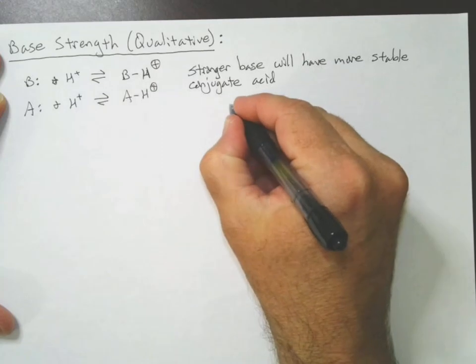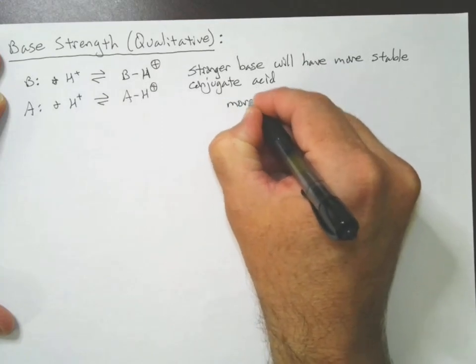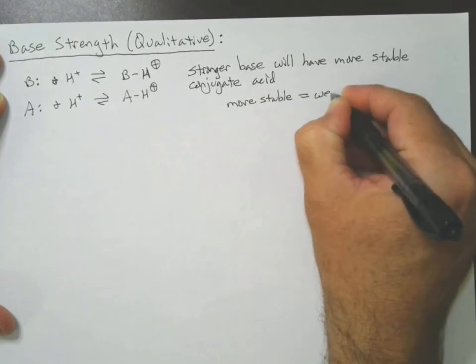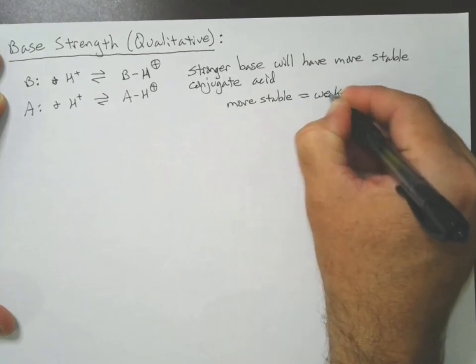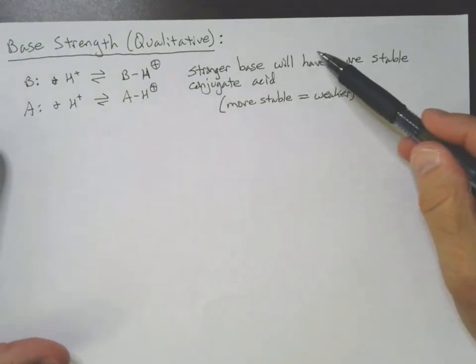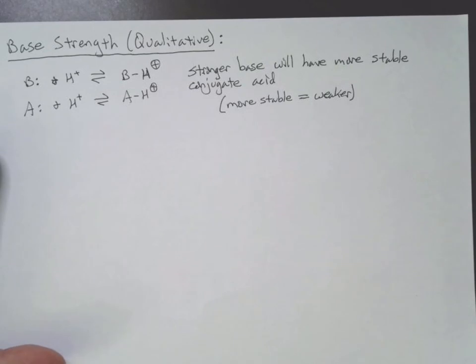Now I should make a note that more stable is the same as saying weaker. So the stronger base comes from the weaker acid.